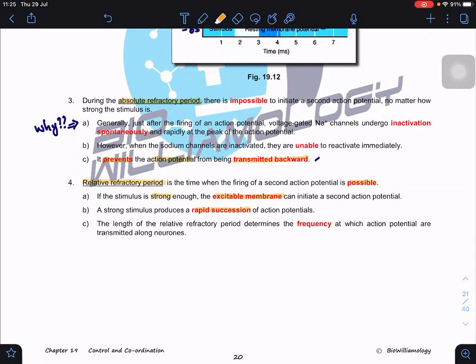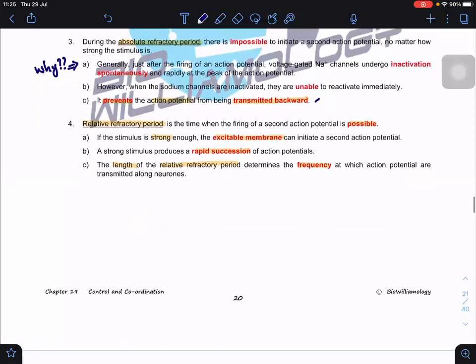Highlight this: the length of the relative refractory period determines the frequency at which action potentials are transmitted along the neuron. So write down: a strong stimulus gives a higher frequency, a weak stimulus gives a low frequency.